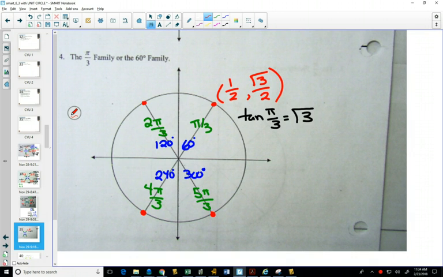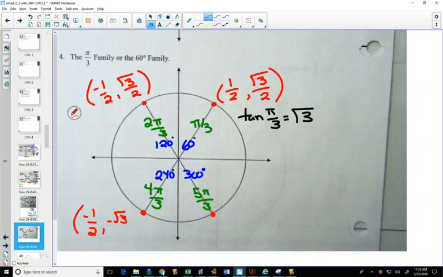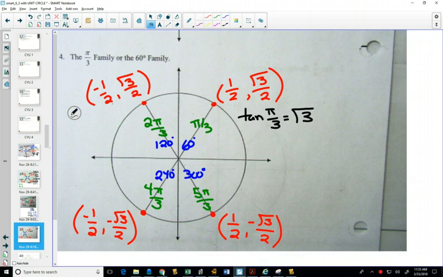Check to see how you did with your coordinates. Finally, check to see how you did with tan.